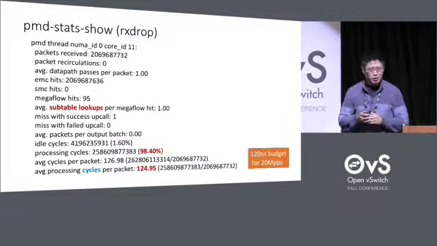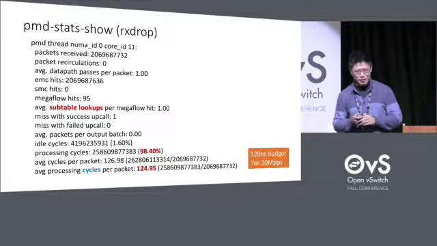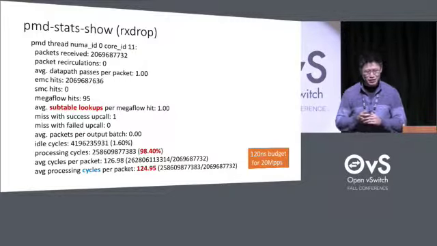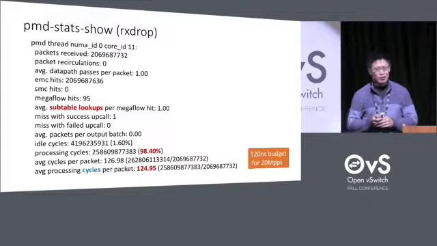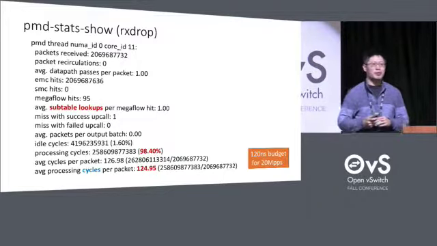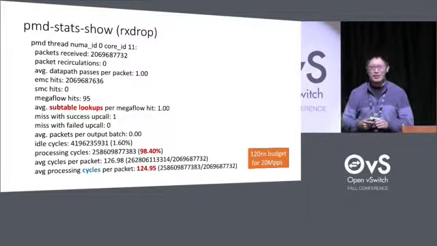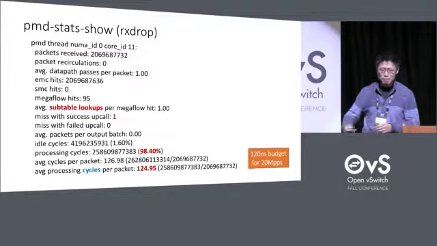We have a pretty cool command called pmd-stats-show. For this experiment, we can see first that subtable lookups per megaflow hit is always 1. We are always using a single flow, single dp_packet, so it's always hitting the EMC, and there's no extra megaflow lookup.